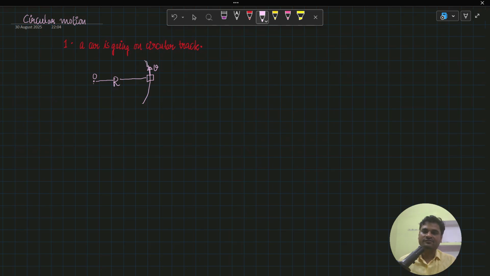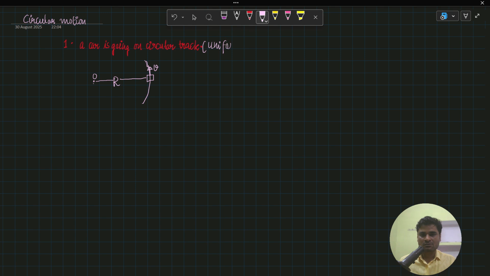That's why its velocity will be different all the time, but speed will be same because this is a uniform circular motion. The car is moving on this circular track uniformly.